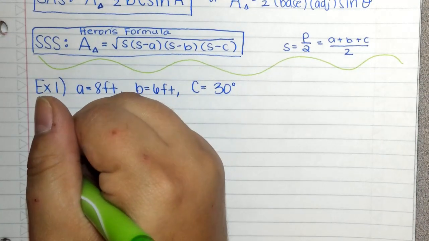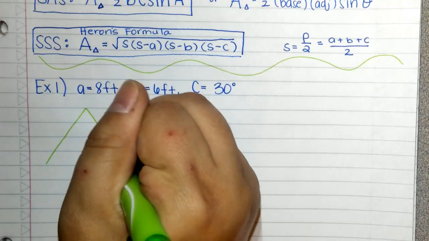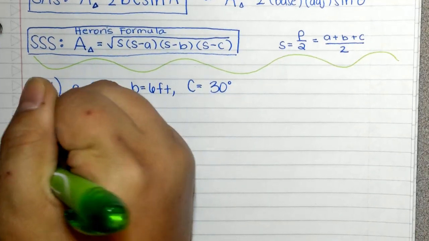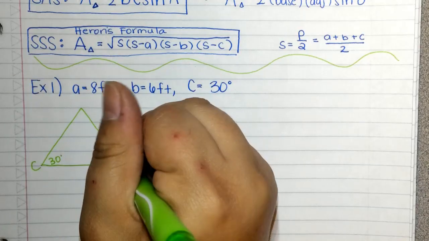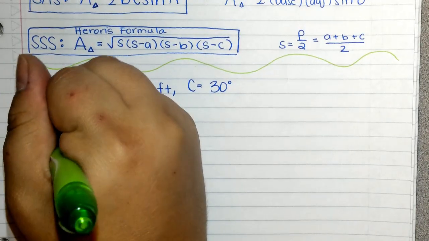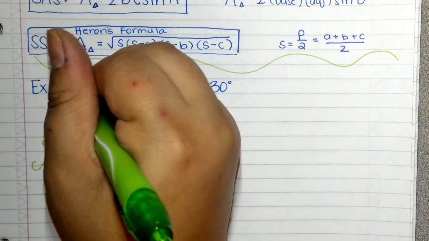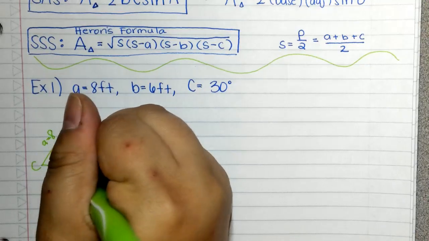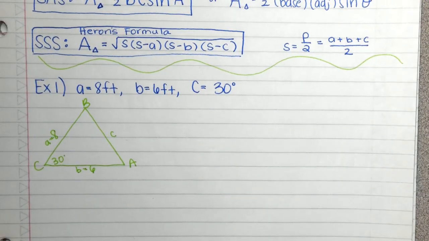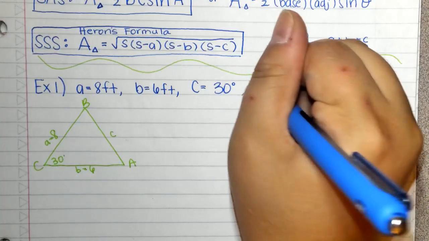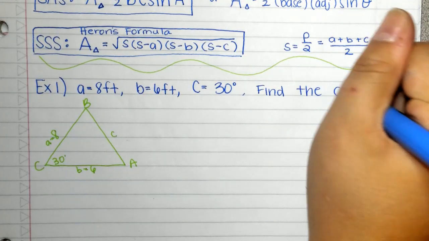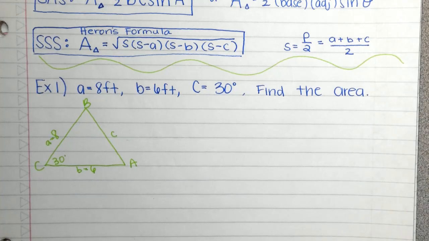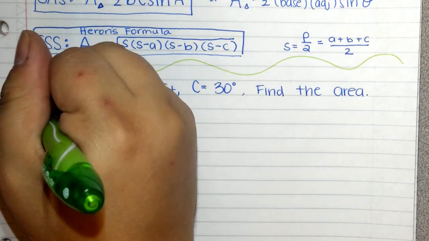Please draw your picture. And what is my case type? In this one we'll find the area. So this is SAS.